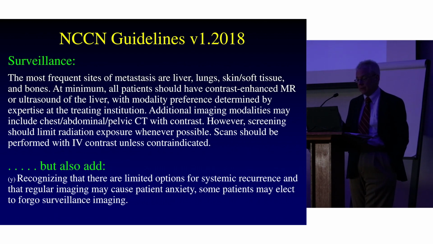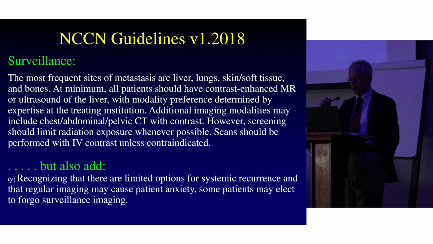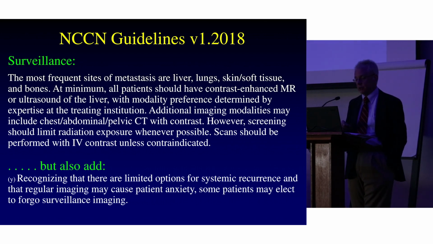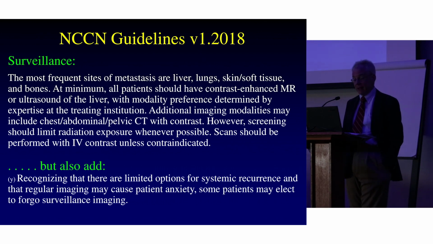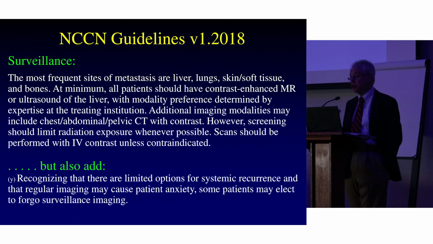So this is a direct quote. At a minimum, all patients should have contrast-enhanced MRI or ultrasound of the liver with a modality preference determined by expertise at the local institution. Additional imaging modalities may include CT scan of the chest, abdomen, or pelvis. However, screening should limit radiation exposure whenever possible.